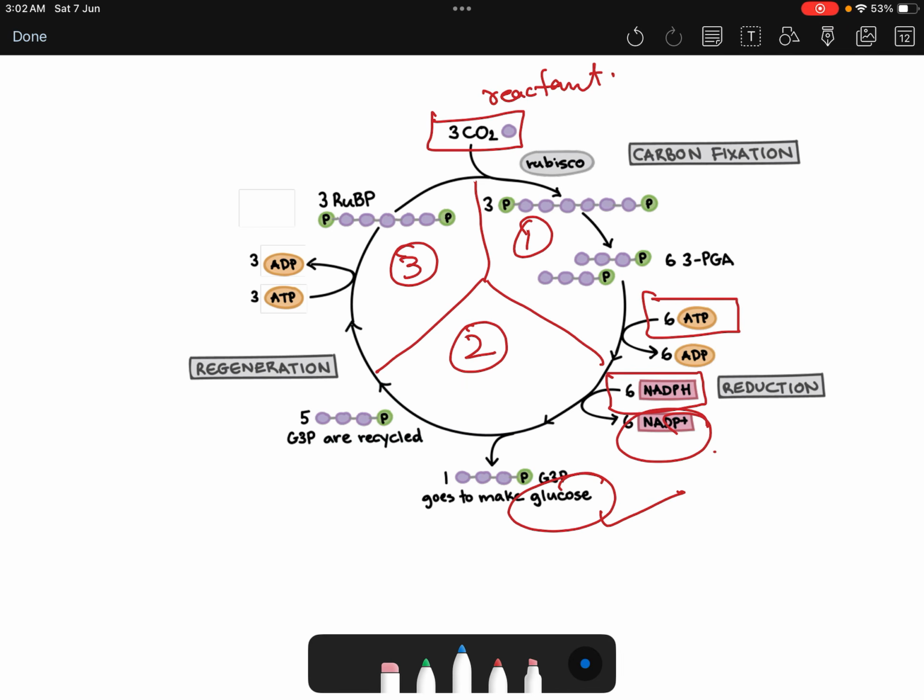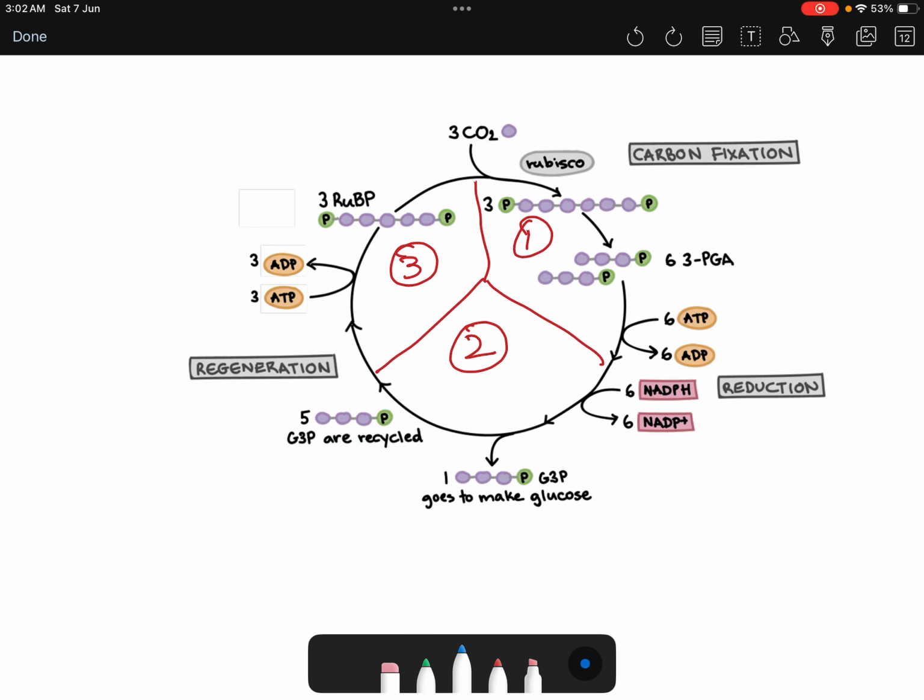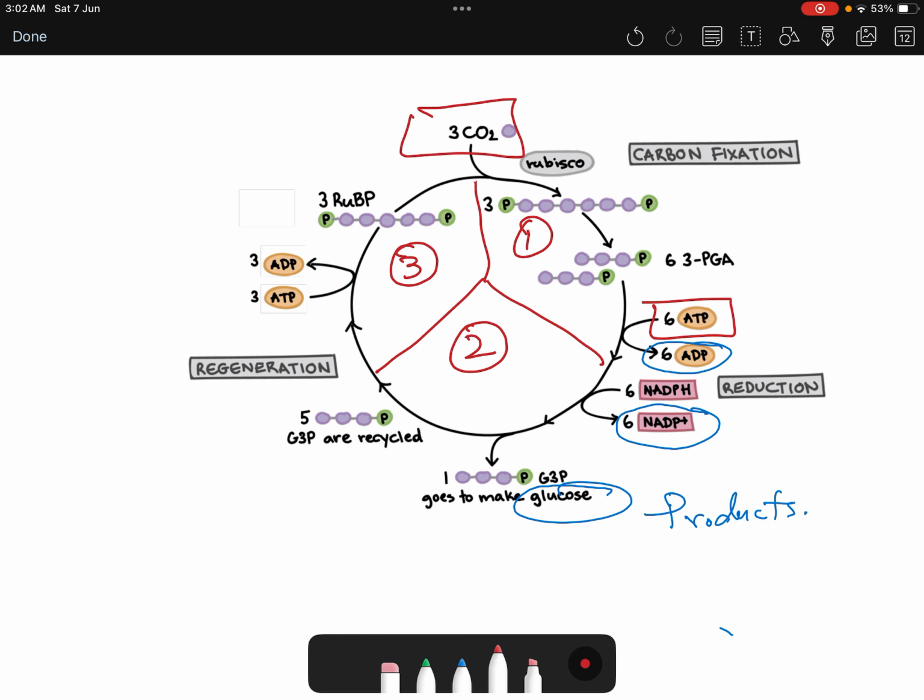So I will change the color, let's say. Okay, so this is the product, this is the product, and this is the product. So blue shows products, while the red ones show reactants.